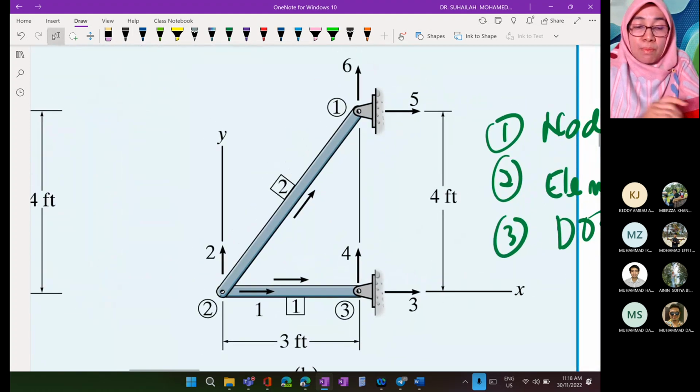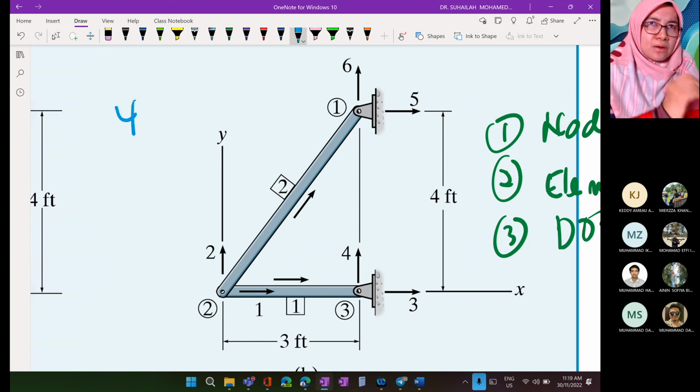Basically, constraint means support. There are 2 pins here, and 2 pins represent 4 unknown reactions. The 4 unknown reactions refer to 4 DOF in the constrained system.